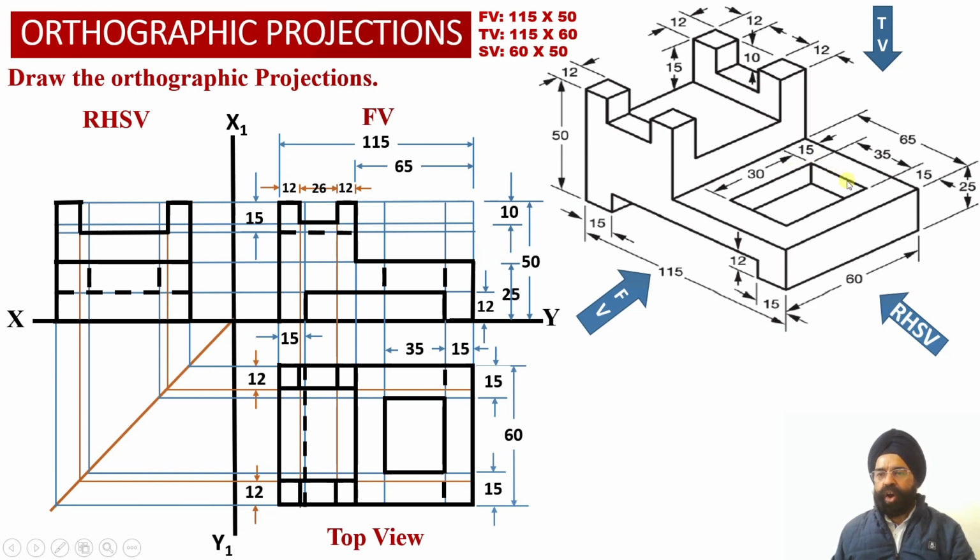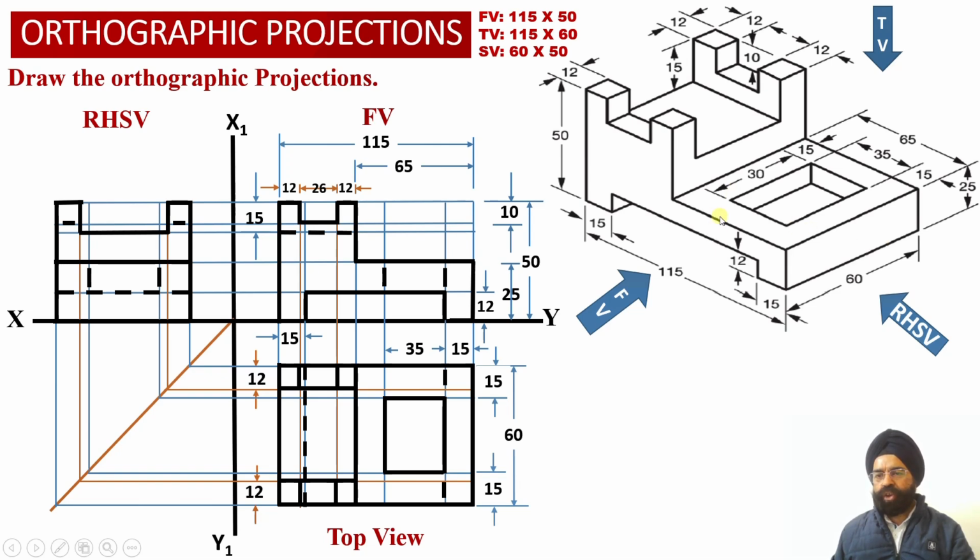And again, corresponding to this vertical face and this vertical face of the rectangular slot into element number 1, we will be able to obtain hidden line projections into the front view projections over here. We can check, we haven't marked this hidden line projection up to the base.